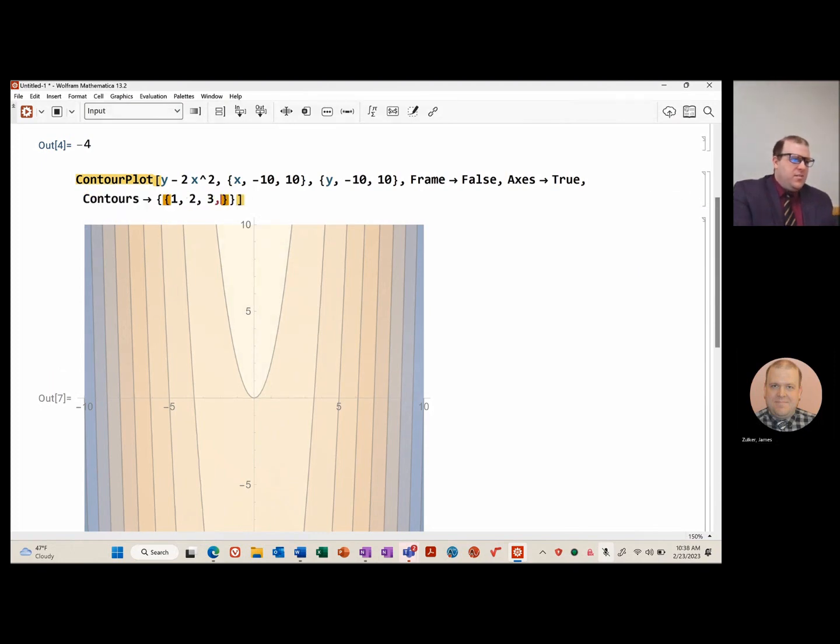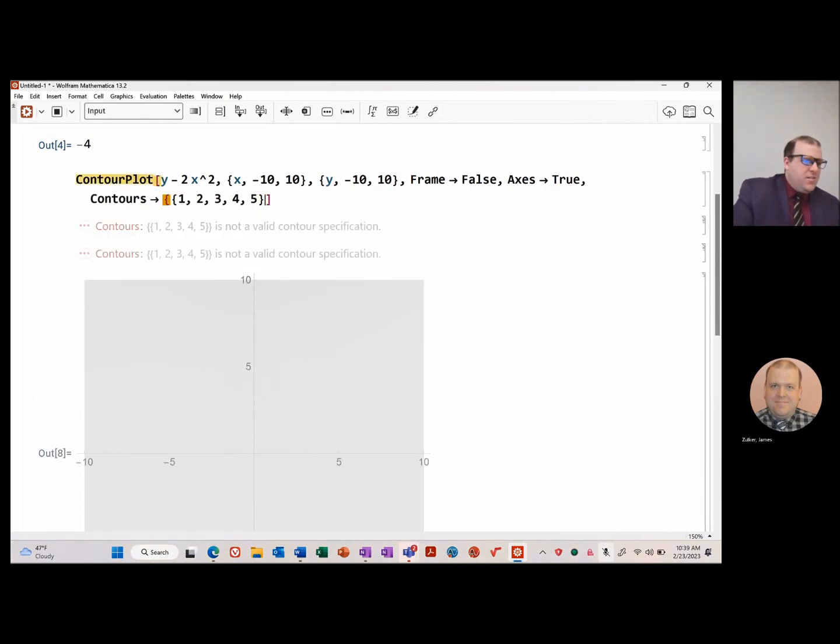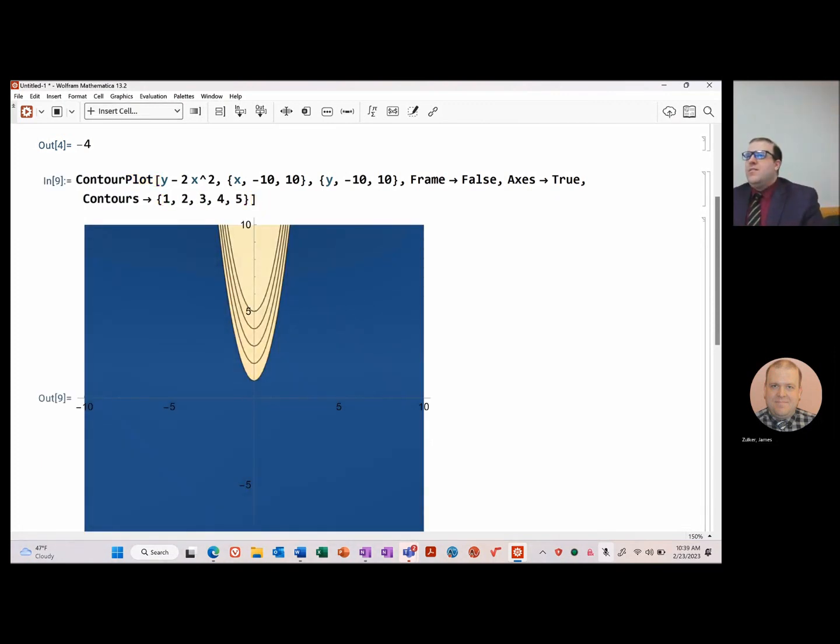Unless it specifies for contours, you can just let Mathematica do the contours automatically, which is its default.